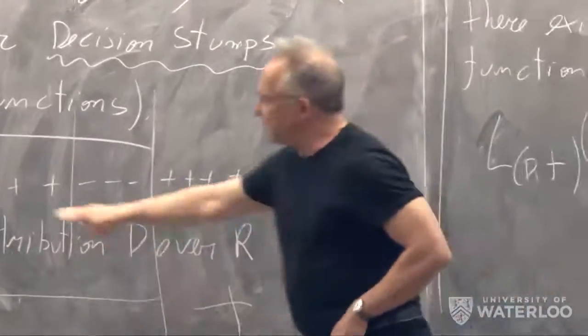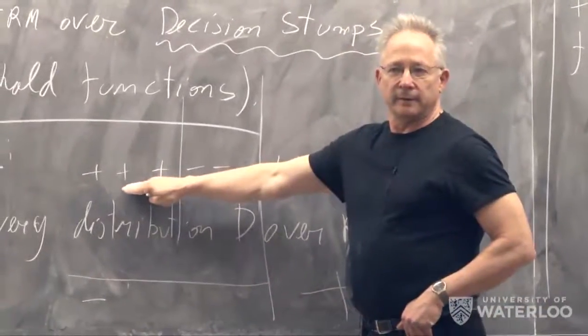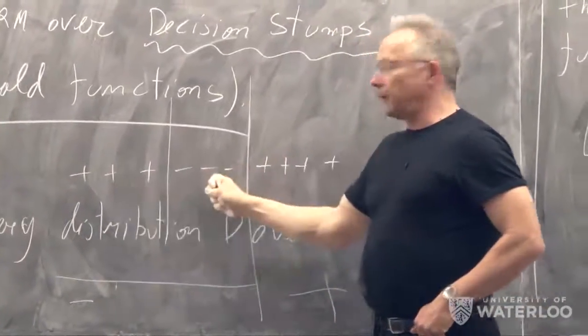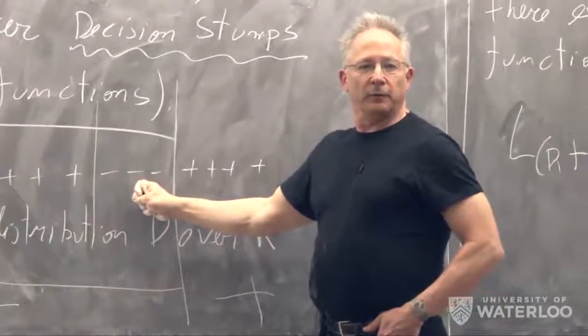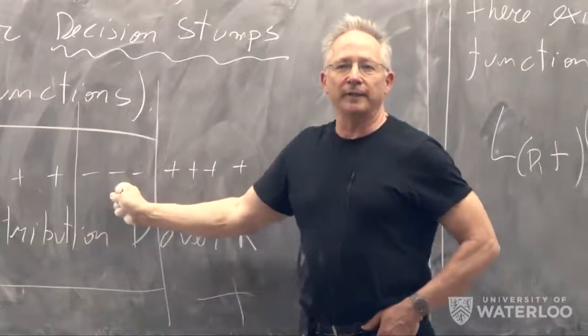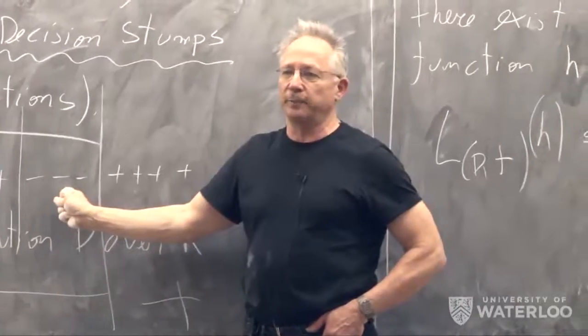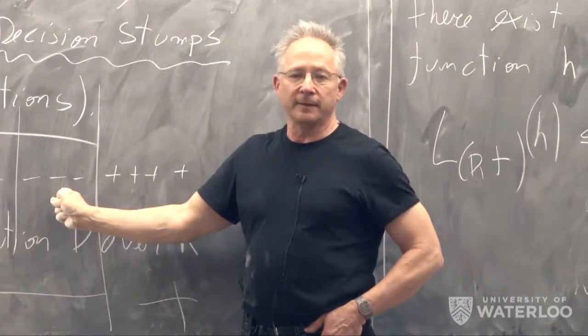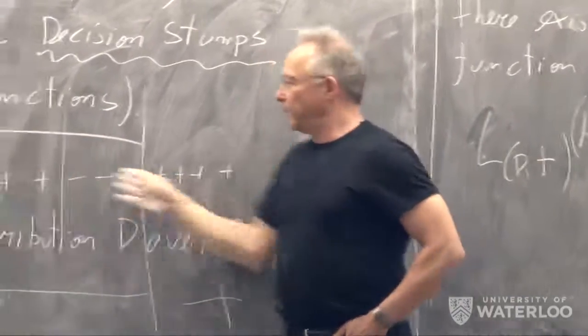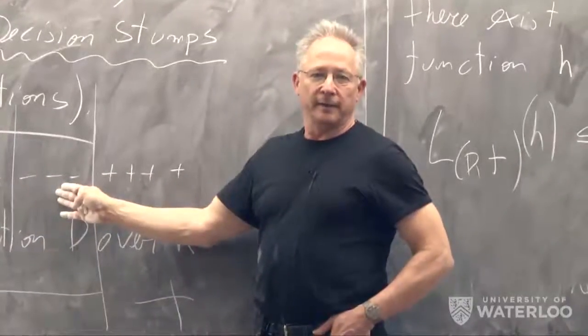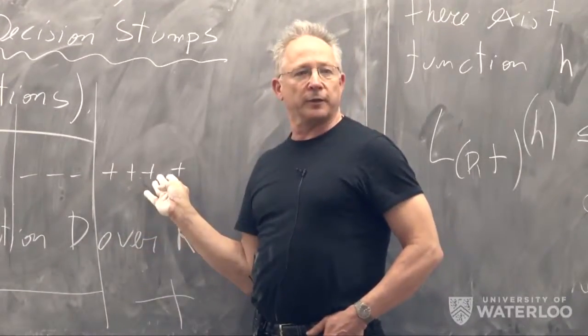What will be my error? My error will be only here. Right? If I want to err only in the middle one, which threshold will I pick? All plus. All plus will err only here.